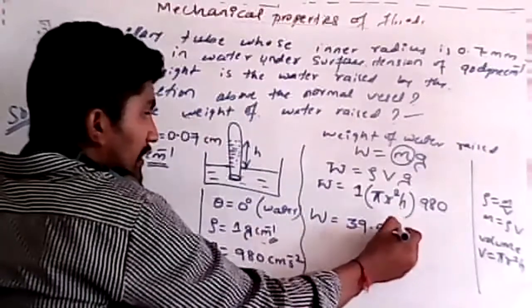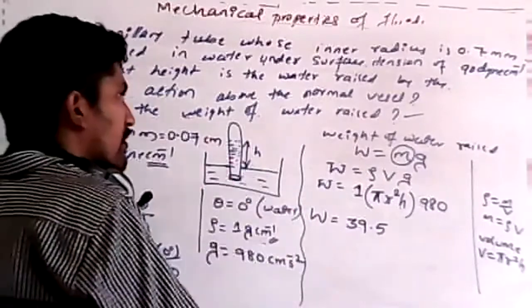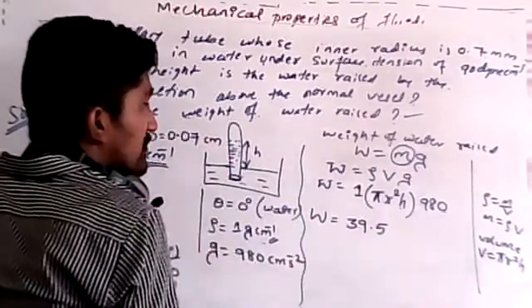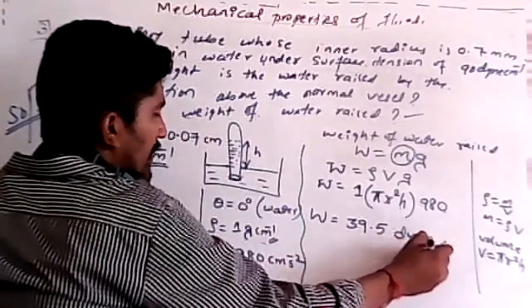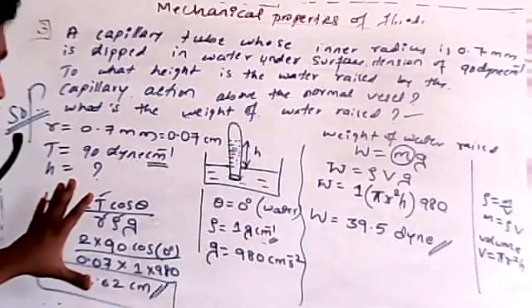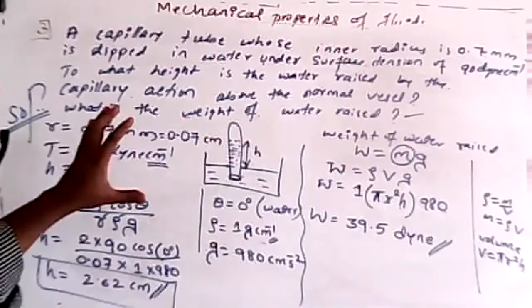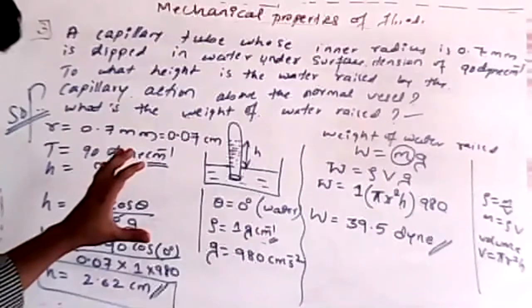39.5. Don't write Newton here. Why? Because Newton is the SI unit, but here they used CGS units. So instead of Newton you have to write dyne. That's it. So see the importance of using units. Yes, correct, Brenda. Remember, students, in physics you are using units. Units are very important, correct, Namita?